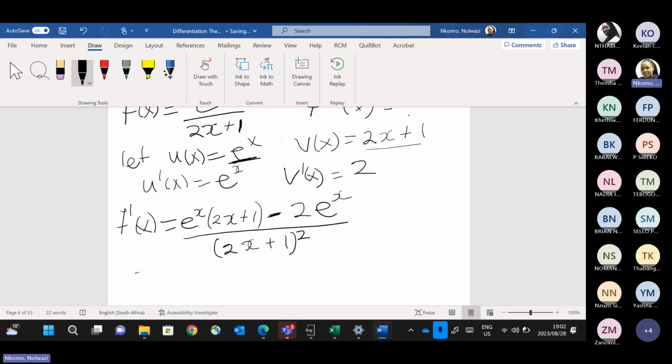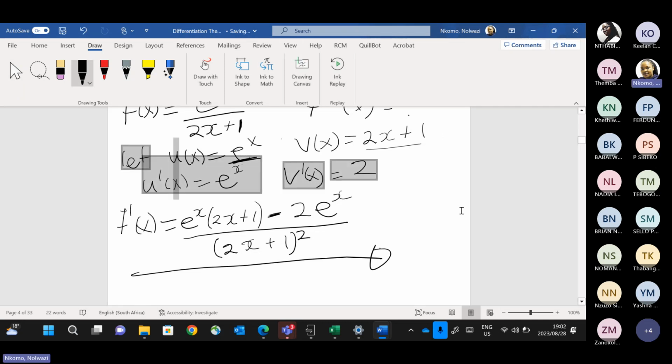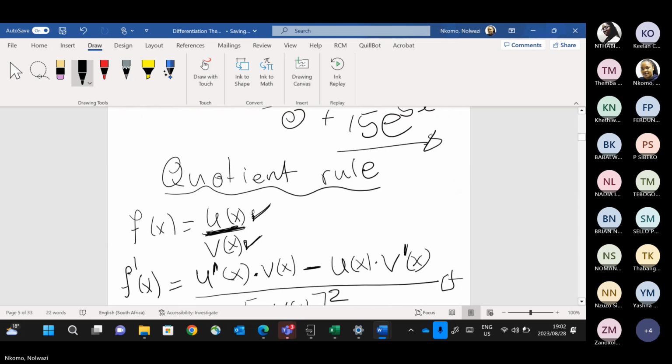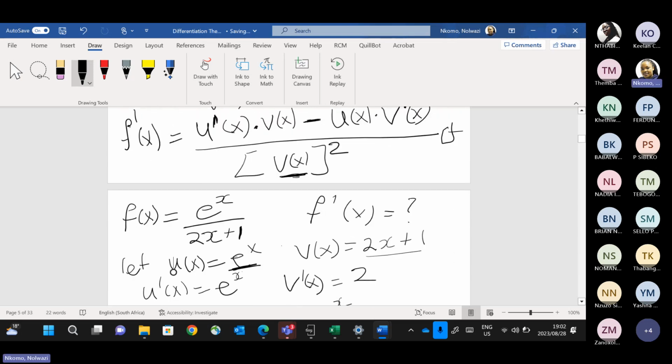And this would be your derivative of your function, in this form.